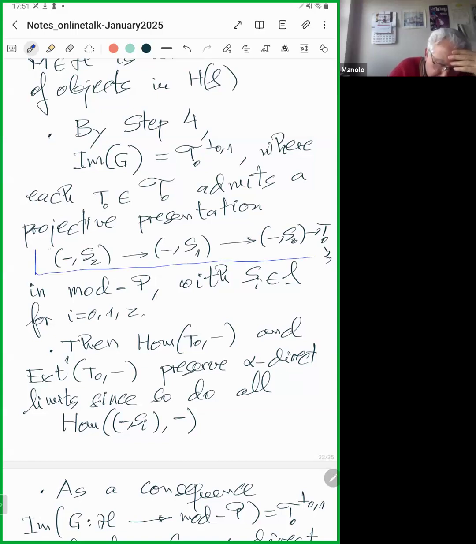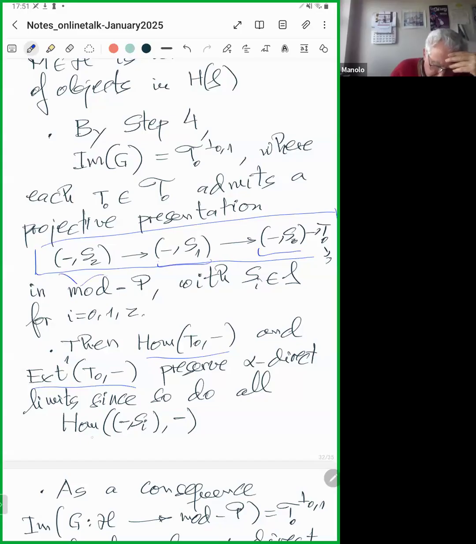The consequence is that Hom(T0, -) and Ext1(T0, -) preserve alpha direct limits, because so do the covariant functors associated to these P-modules.